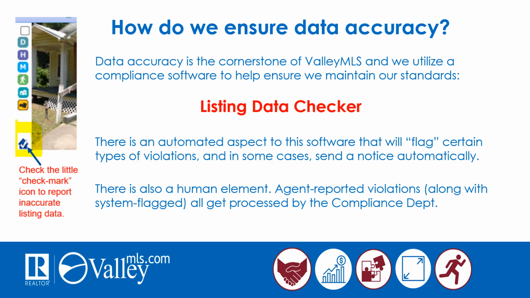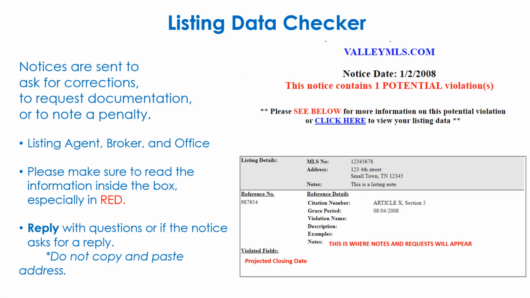Let's take a little deeper dive into the listing data checker software. If there is something wrong and a notice is sent out, they're going to ask for corrections, request documentation, or potentially even note a penalty that occurred. Look at the bullet points on the left-hand side. This is where the emails from Listing Data Checker go to.